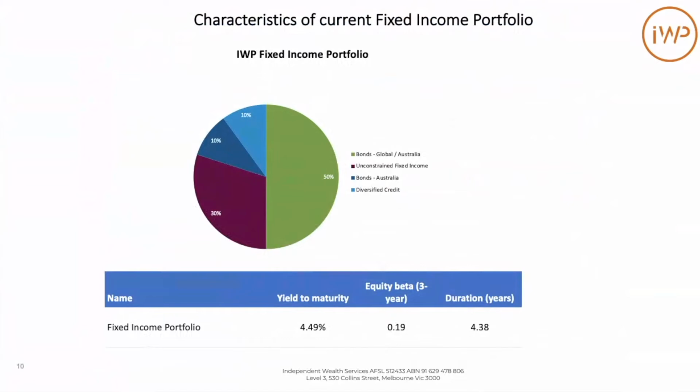What we're seeing here is that the yield to maturity today is about 4.5%. Yield to maturity is the expected return clients will receive over the duration of the portfolio, which is just a tick above 4 years. Back in December, those numbers would have been... Well, we're looking at like 0.98 for 10 years. Yeah.